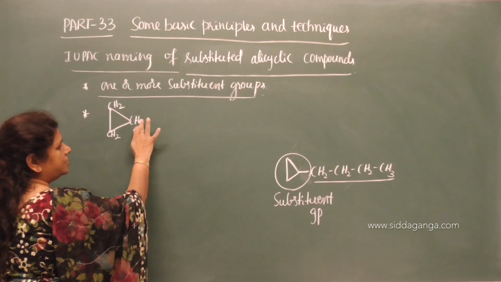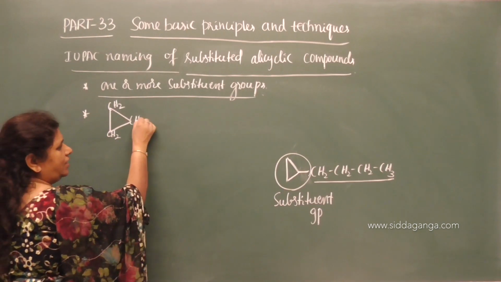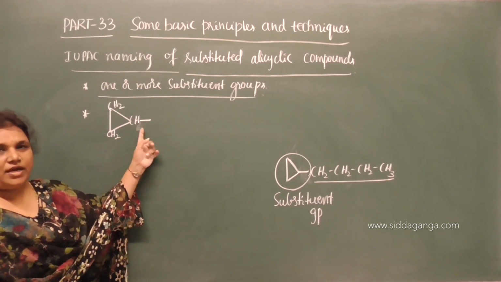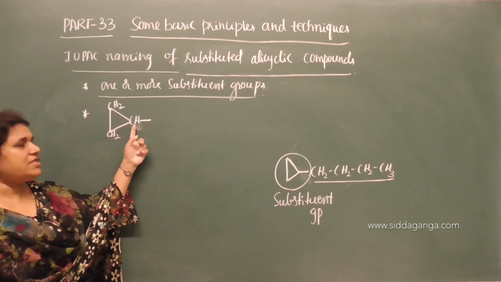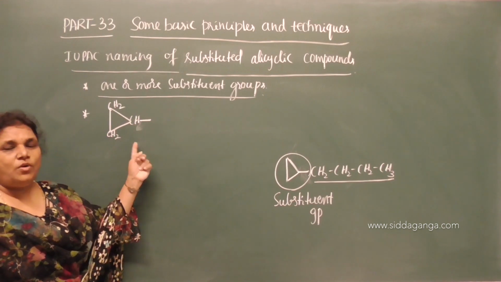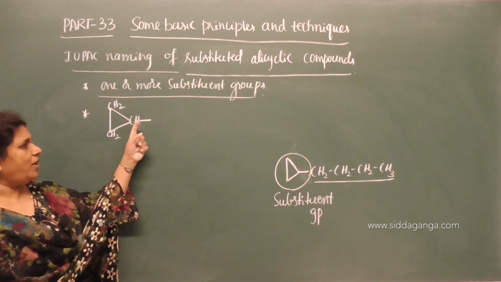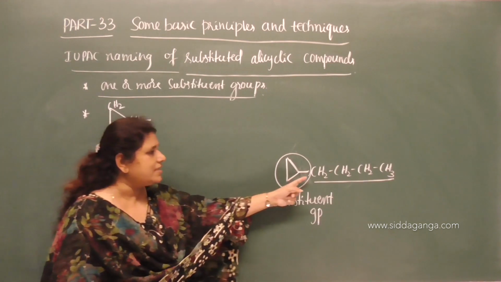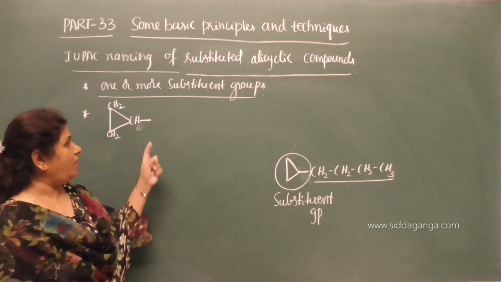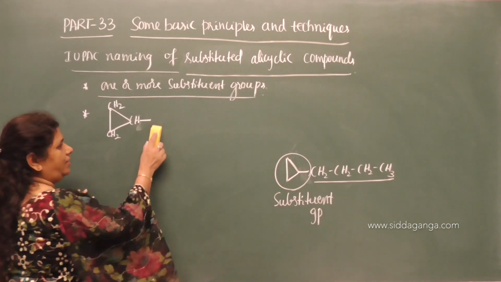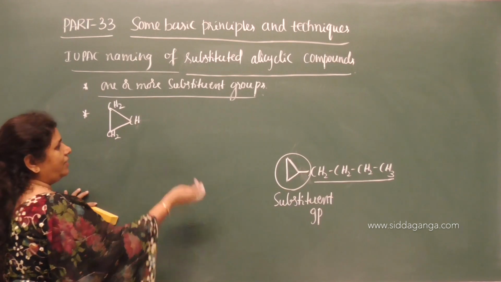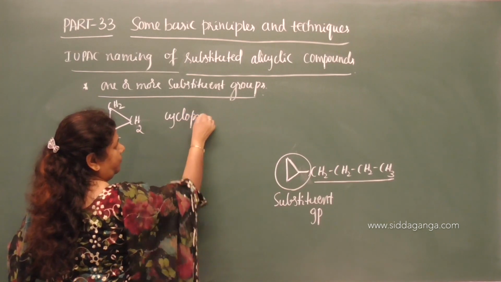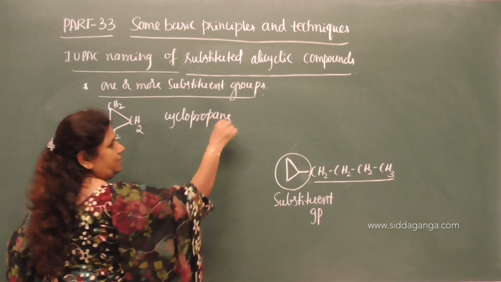Now remove one hydrogen, this carbon gets the vacant bond, so it is CH2, CH2, CH, because we removed one hydrogen. When we remove one hydrogen, this carbon gets one vacant bond, and that vacant bond gets attached to the side chain. Now if there is no vacant bond and it is CH2, then what is the name? Cyclopropane is the name, correct?